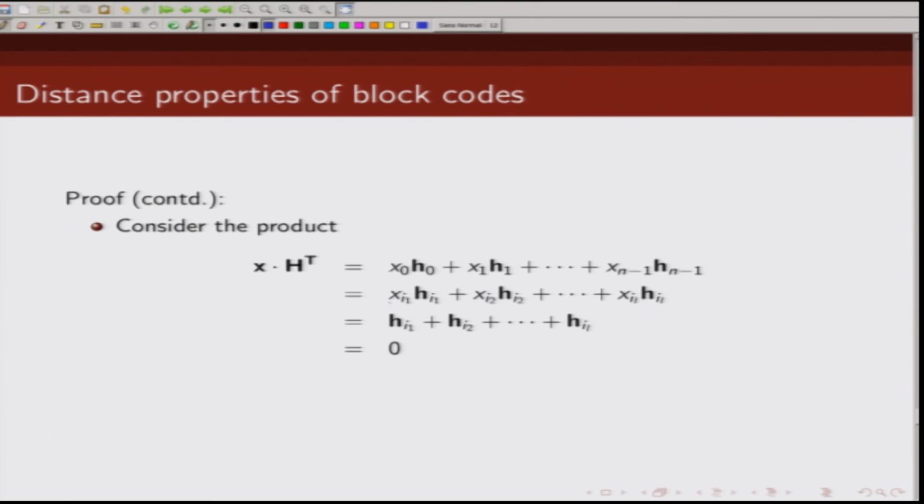Now, since xi1, xi2, xi3, xiL are all 1, we can write this as Hi1 plus Hi2 plus Hi3 plus HiL. Now, what did we say about the vector sum of these L columns?